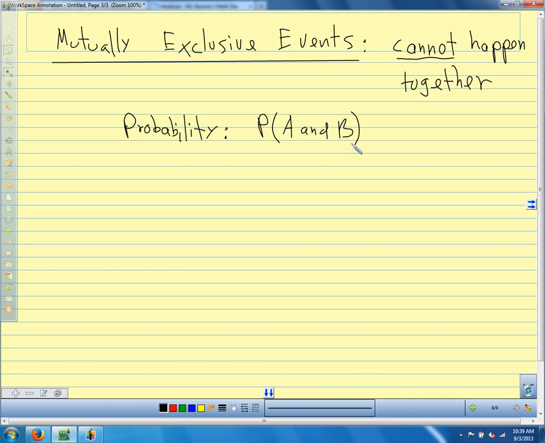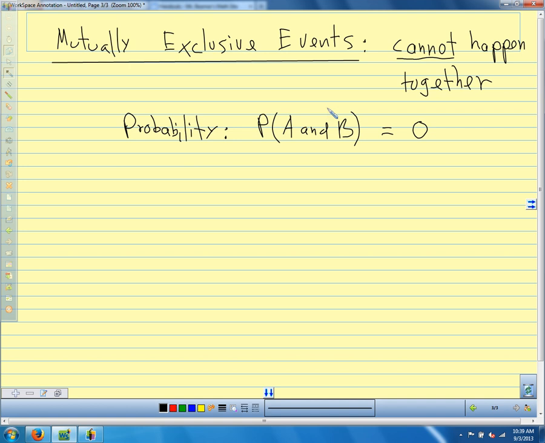Probability has to be 0. That's what we mean by they cannot happen together. So if we have mutually exclusive events, the probability of the two happening together, the and probability, has to be 0. So there's our exception to our and probability. They're mutually exclusive. The probability of them happening together has to be 0.